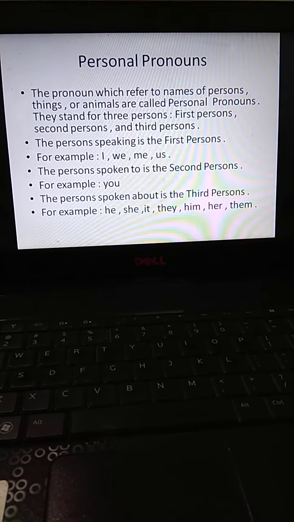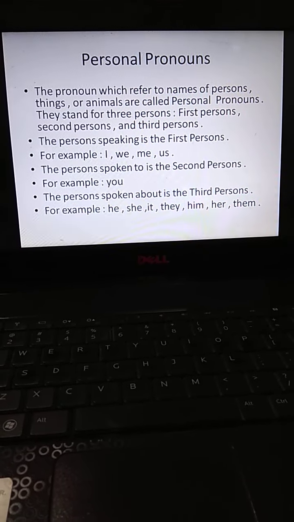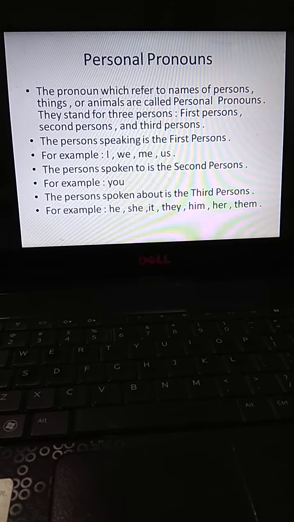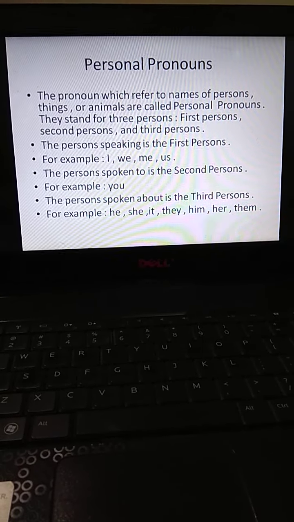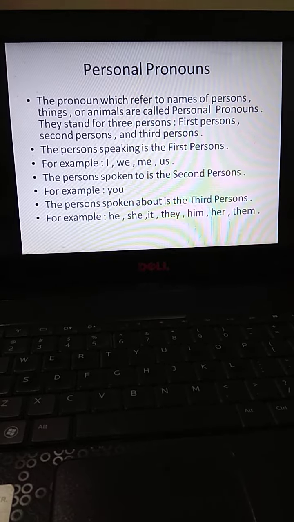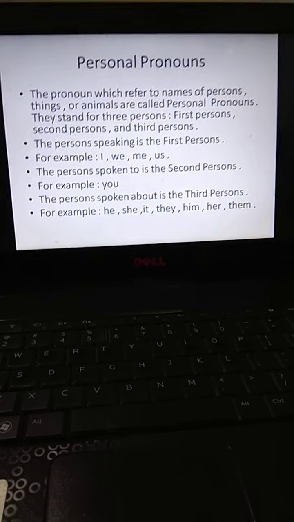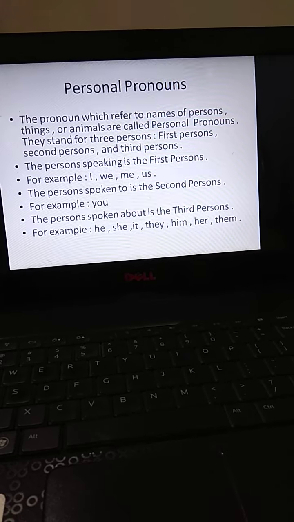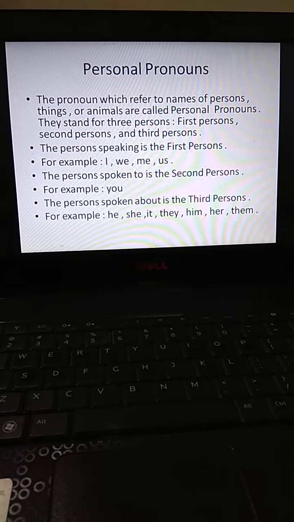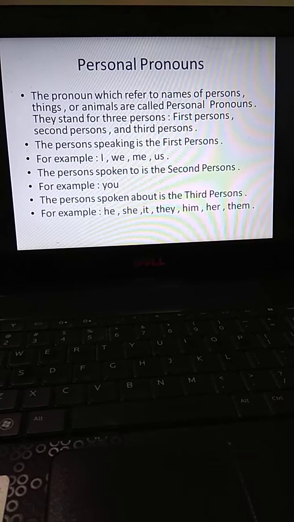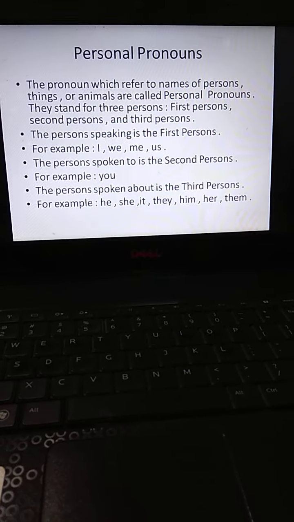The person speaking is the first person. For example, I, we, me, us. The pronouns which refer to the person speaking are called pronouns of the first person. Example, I, we, me, us.